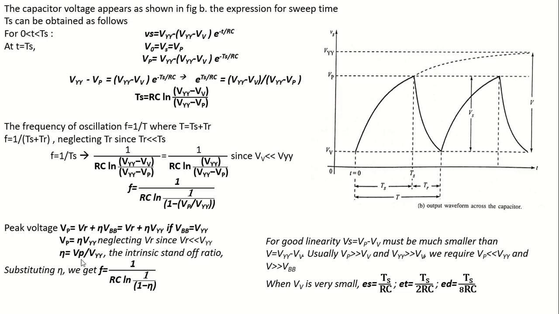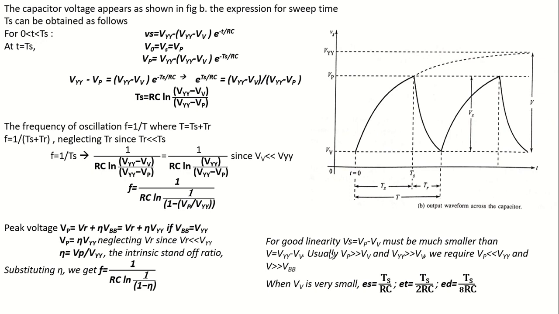So from this, eta equals Vp by Vyy, which is the intrinsic standoff ratio eta. Now substituting eta in place of Vp by Vyy in the frequency equation, we get F equals 1 by RC natural log of 1 by (1 minus eta). This is the frequency of oscillations of this UJT circuit.